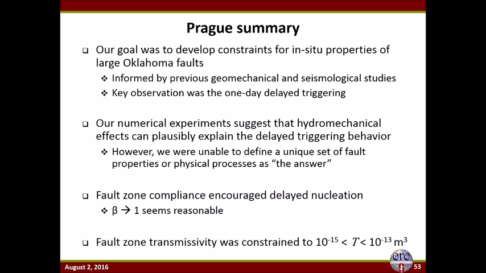But of course, there are a lot of non-unique parameters that can influence the time to instability. So we weren't able to arrive at one particular set of properties that we would call the answer. But it was useful for developing more general constraints on what some of the properties may be. And that'll be helpful for informing future physics-based seismic hazard analyses.